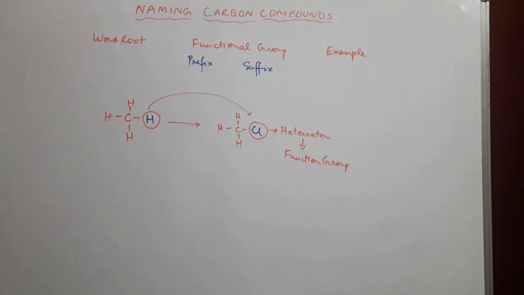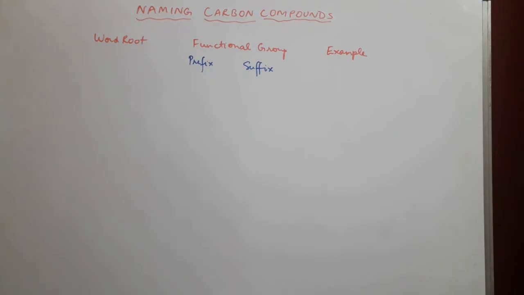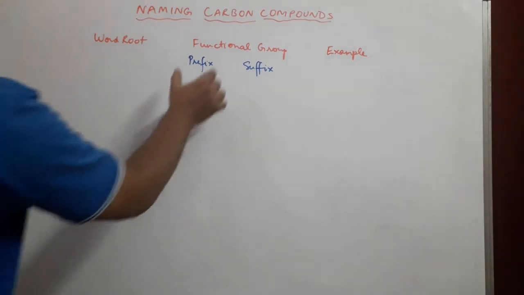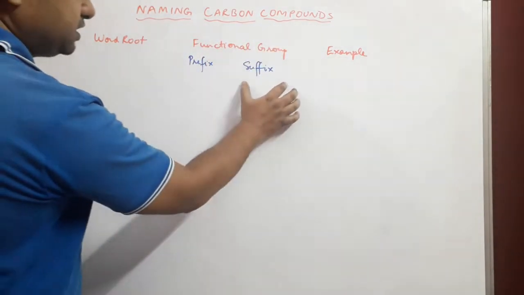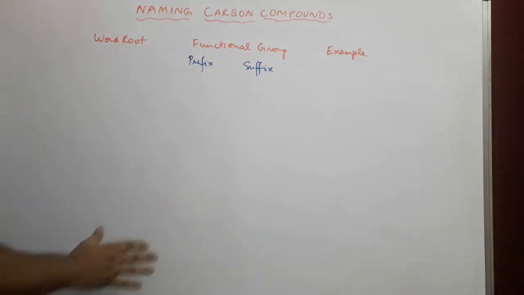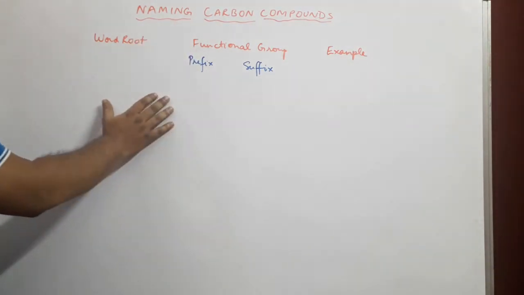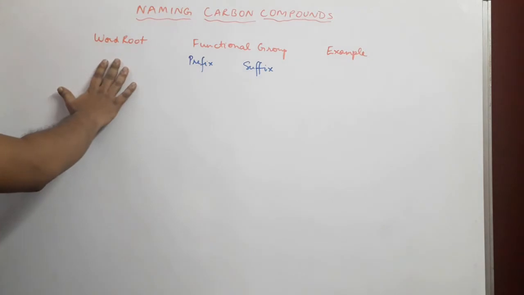Okay, so now that we know what functional groups are, let's move forward with naming carbon compounds based on their functional groups. If you notice over here, I have mentioned under functional groups prefix and suffix. That tells you that a particular word will come prior to the word root.